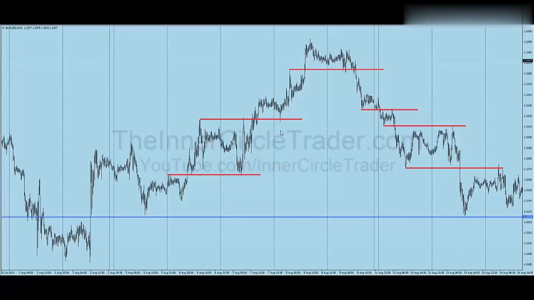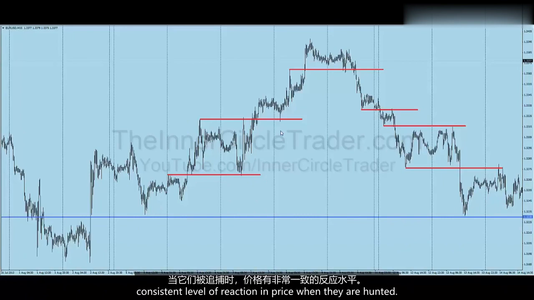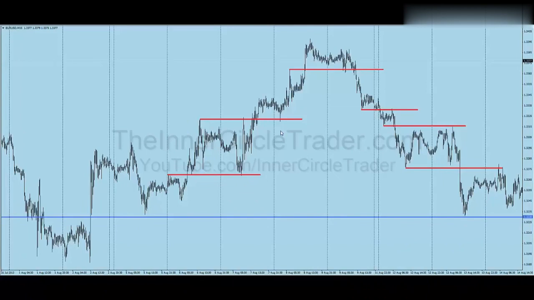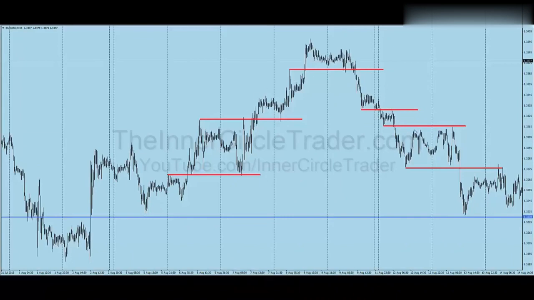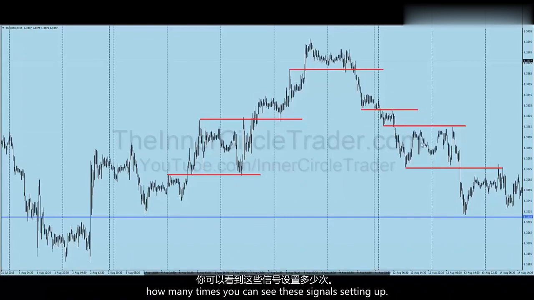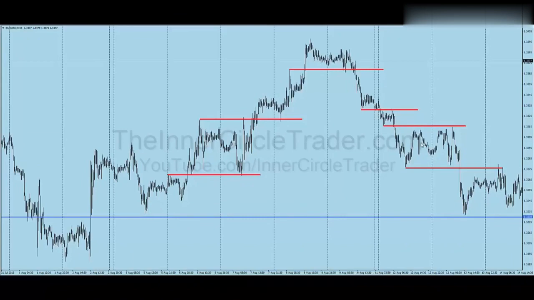They have a very consistent level of reaction in price when they are hunted. I'm going to give you some examples of how, just by using this price structure, you can see these signals setting up many times.